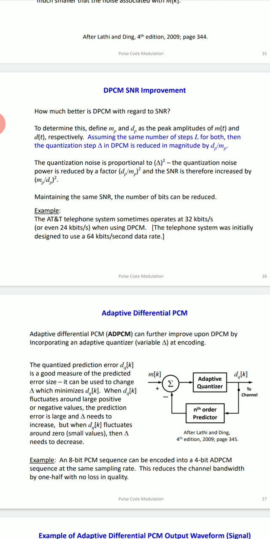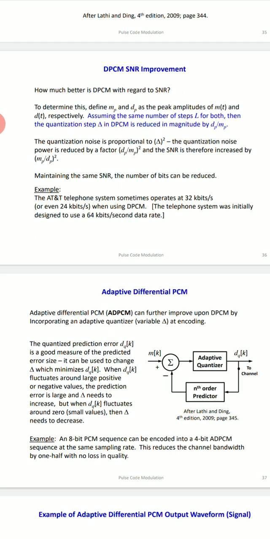To maintain the same SNR, we can reduce the number of bits. As an example, the AT&T telephone system sometimes operates at 32 kilobits per second, or 24 kilobits per second, when using differential pulse code modulation, whereas the system was initially designed for 64 kilobits per second.